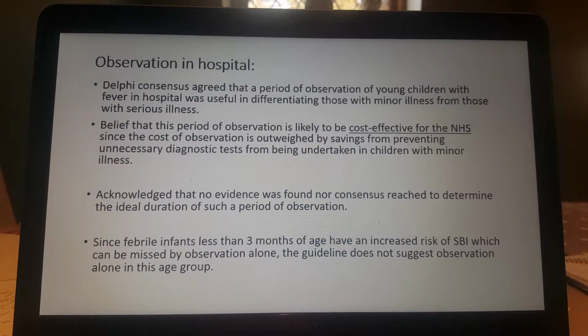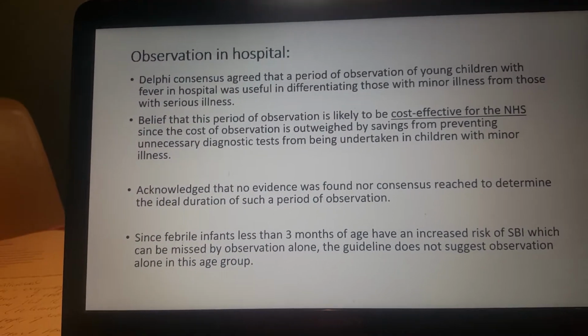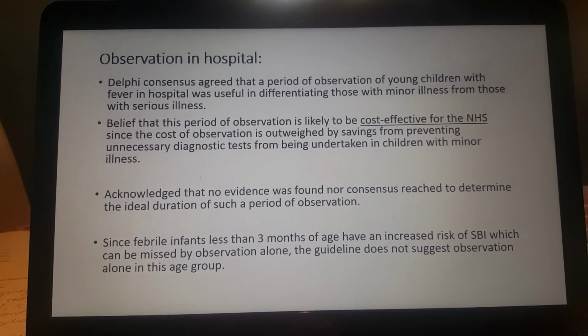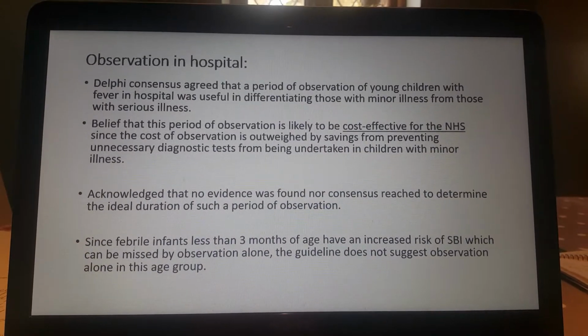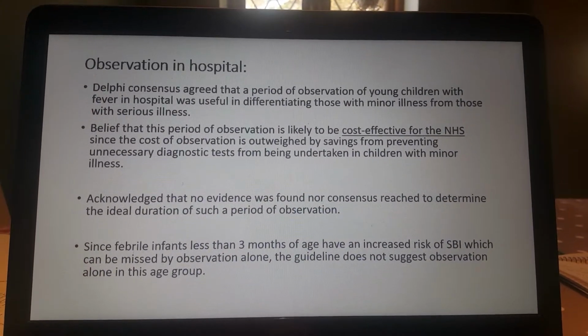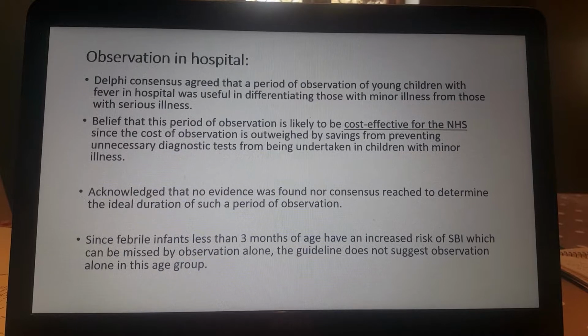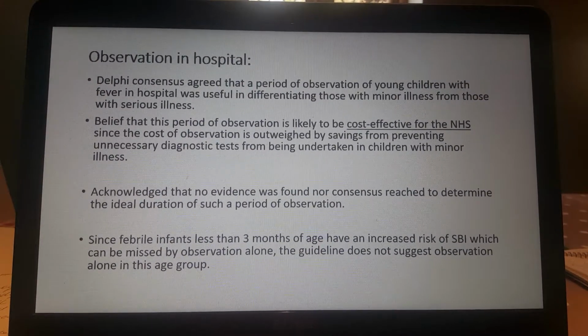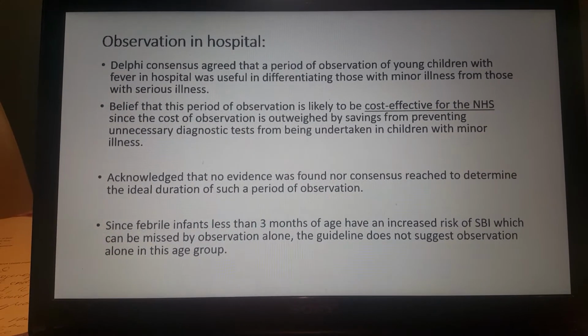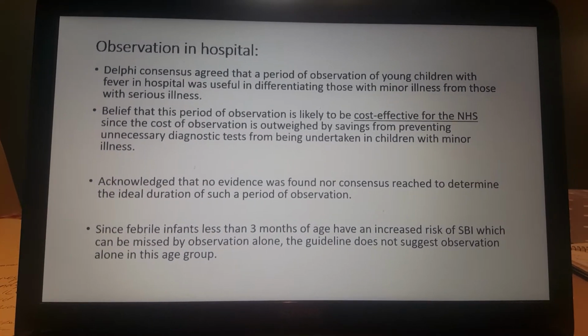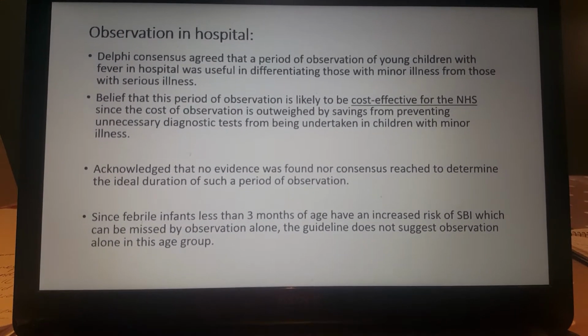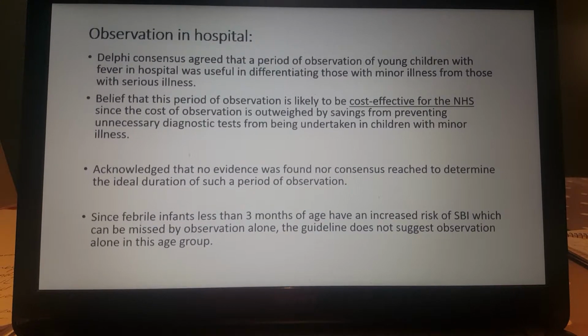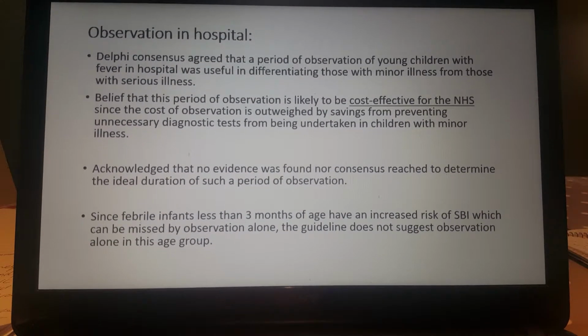They thought it was likely to be cost effective for the NHS, as in the cost of the observation outweighed the savings from preventing unnecessary tests in a minor illness. However, they couldn't reach a consensus on the duration of the period of observation, and they did state that this would not be recommended for children less than 3 months, as observation alone may miss serious bacterial infection in this group.